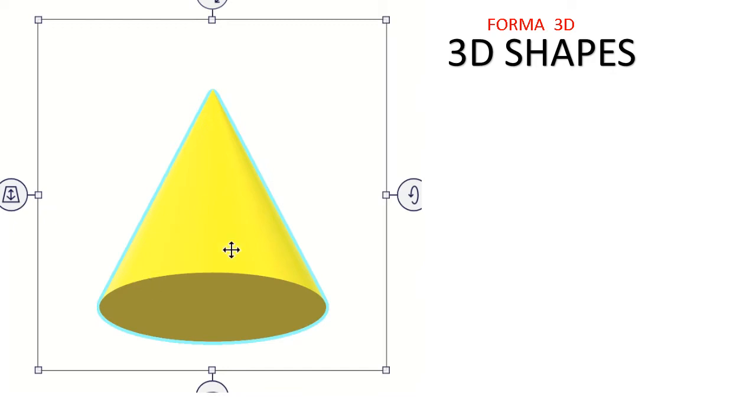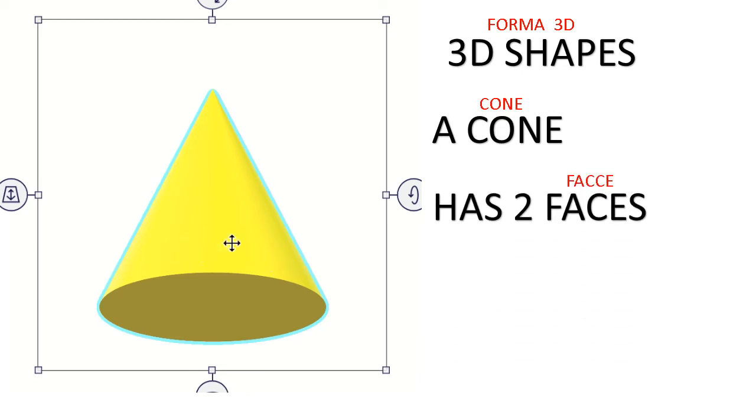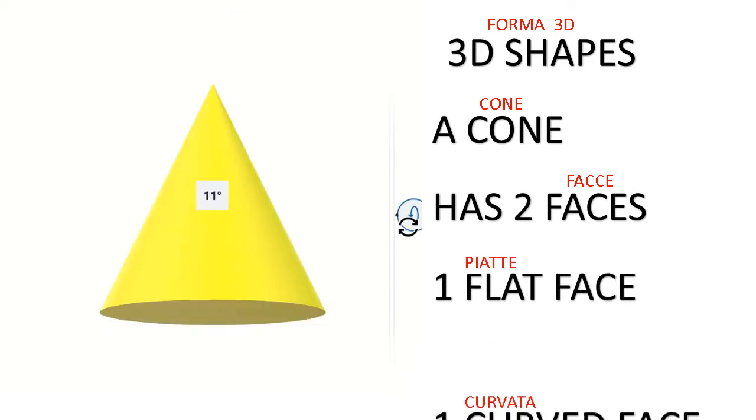The name of this shape is a cone. A cone has two faces. One is curved and one is flat.